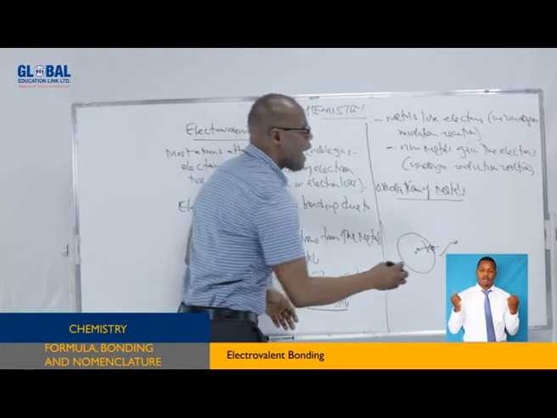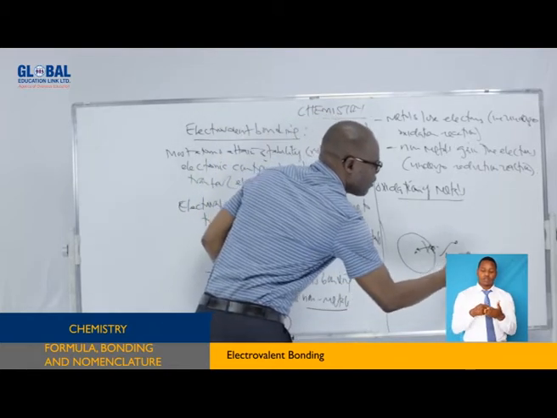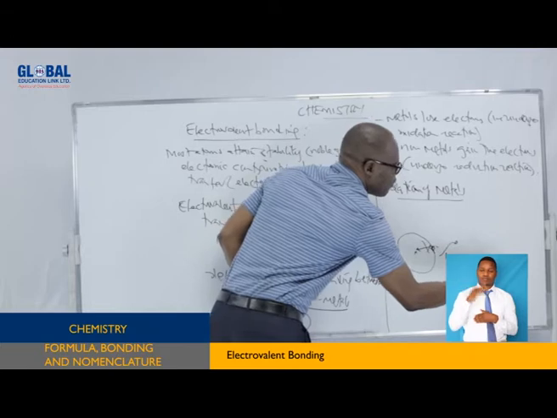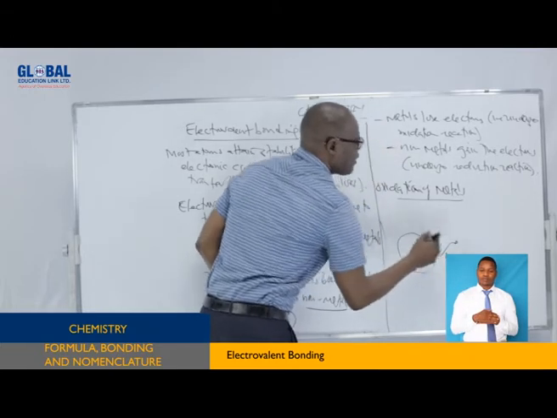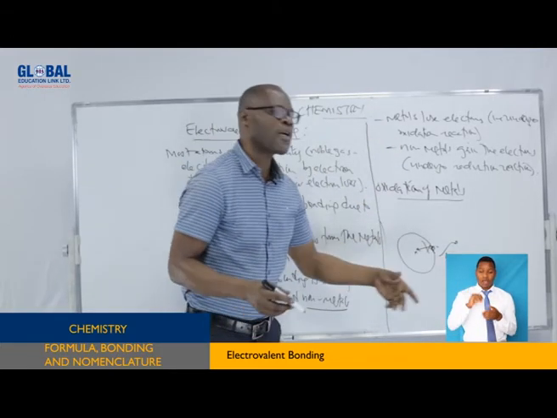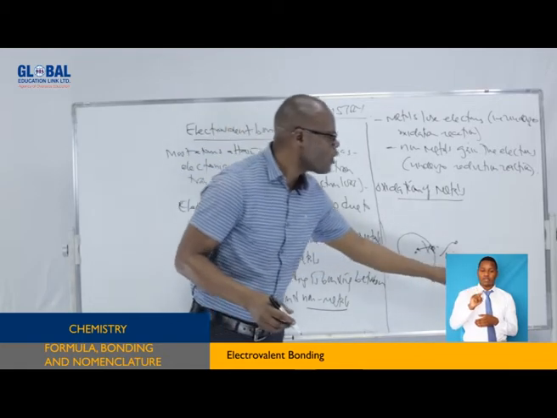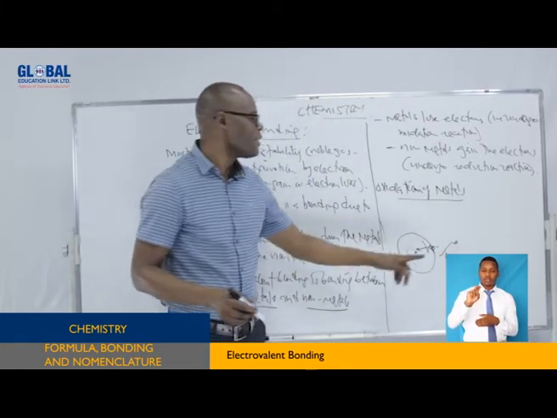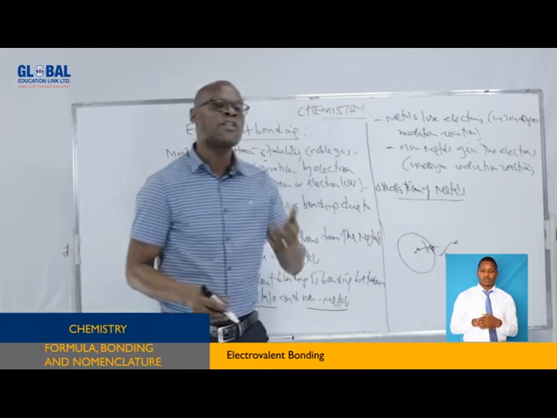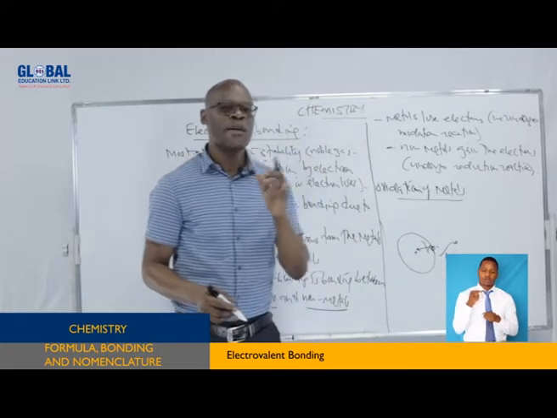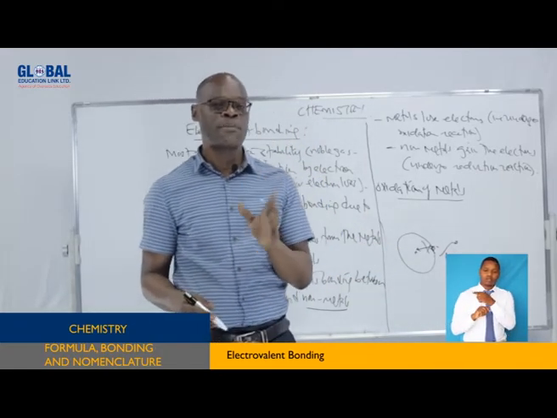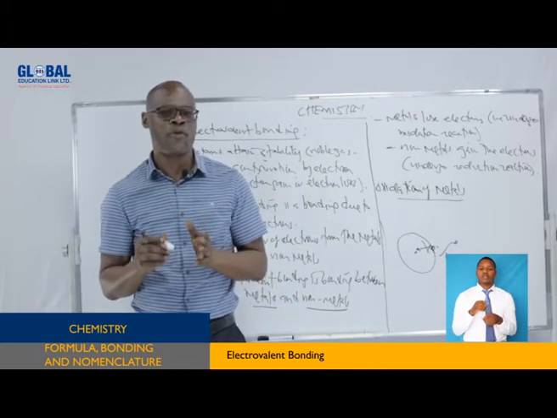We need what is called ionization energy, because ionization means an atom is losing an electron to become an ion. Now, if this ionization energy is enough, then this electron can go. If it's not enough, the electron will stay. Remember, during our session on covalent bonding, we talked about aluminum chloride.